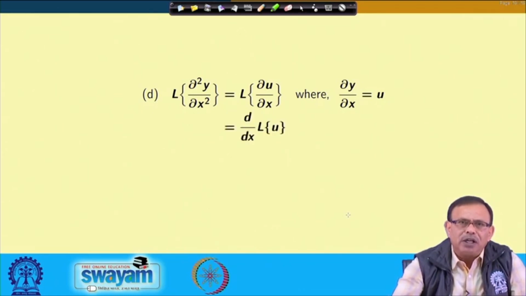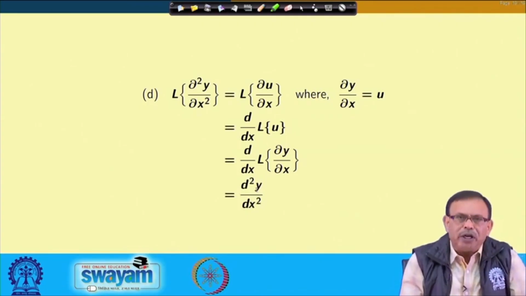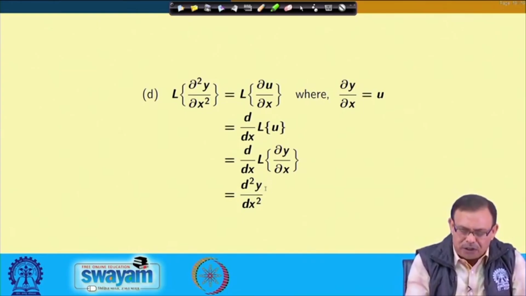This d dx I can bring outside, so d dx of the Laplace transform of u, and u is del y del x, and from the earlier property the Laplace transform of del y del x is nothing but d y bar dx. So again, there is a mistake here, this will be d2 y bar dx square.